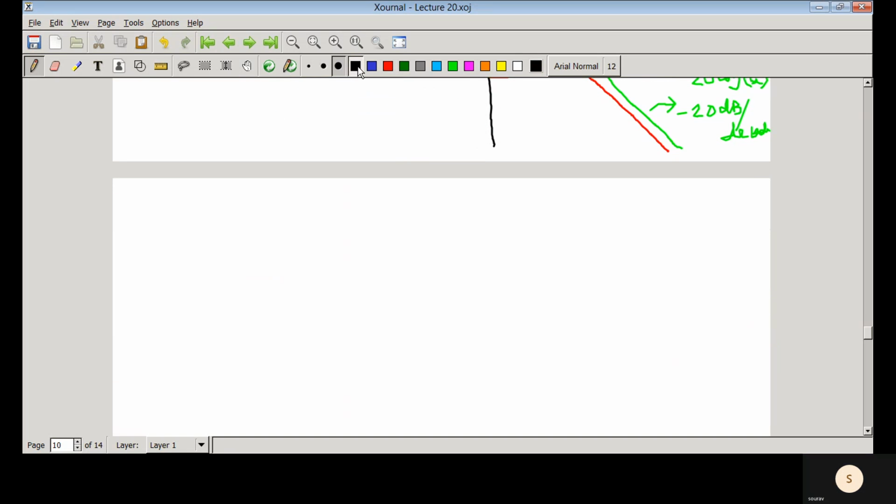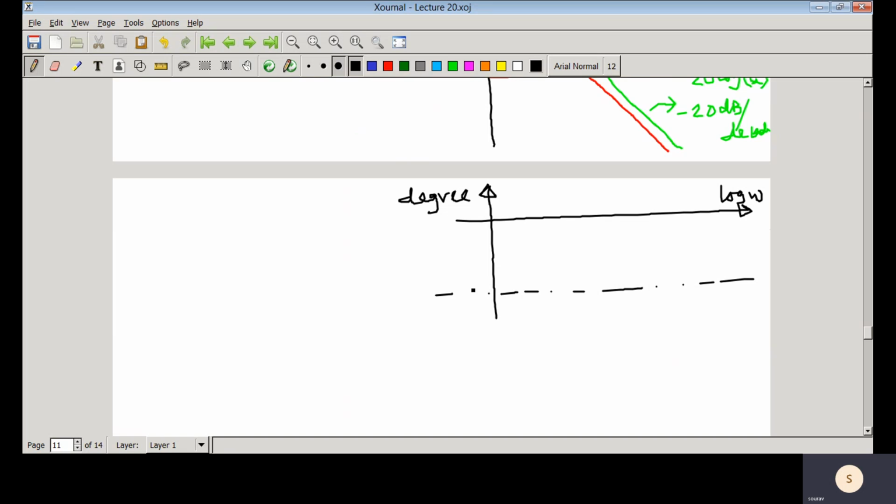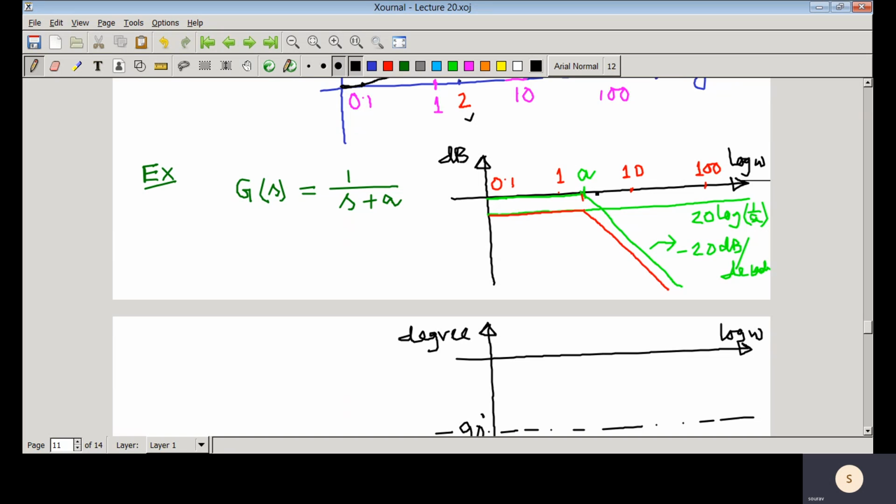And what would be the phase? So the phase plot is, this is log omega, and here it is degree, and we have shown that when omega is large, that means at high frequency, the angle would be minus 90 degree, and at omega equal to a, that means at corner frequency, this is that corner frequency we have taken, this is a, and we have shown that at corner frequency the value becomes minus 45 degree.